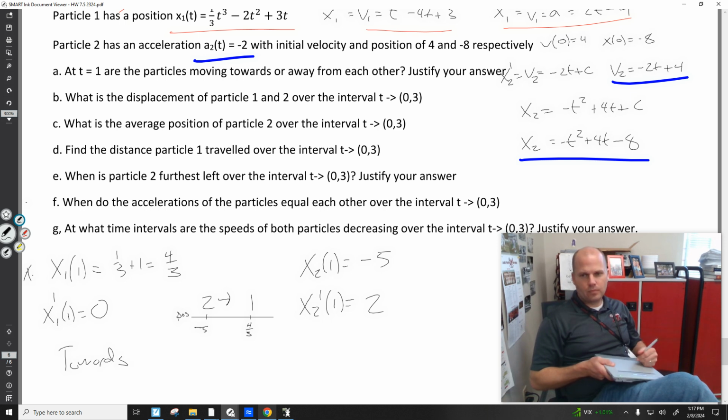But why? Based on positions and velocities at t equals 1. You don't have to write more than that. Keep it simple.